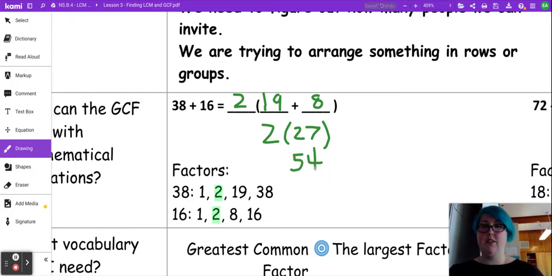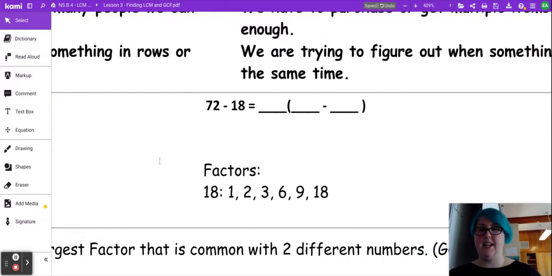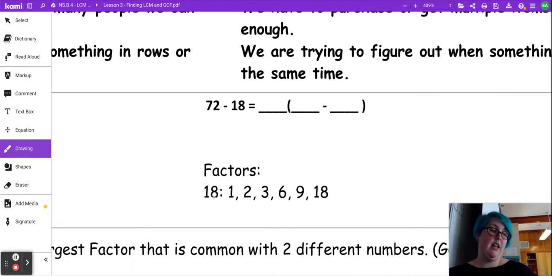Now, let's look at another problem. 72 minus 18. We're going to do the same process. We're going to look and guess what? 9 is a common factor for both. So again, the distributive property comes into play because 72 divided by 9 is 8. And 18 divided by 9 is 2.